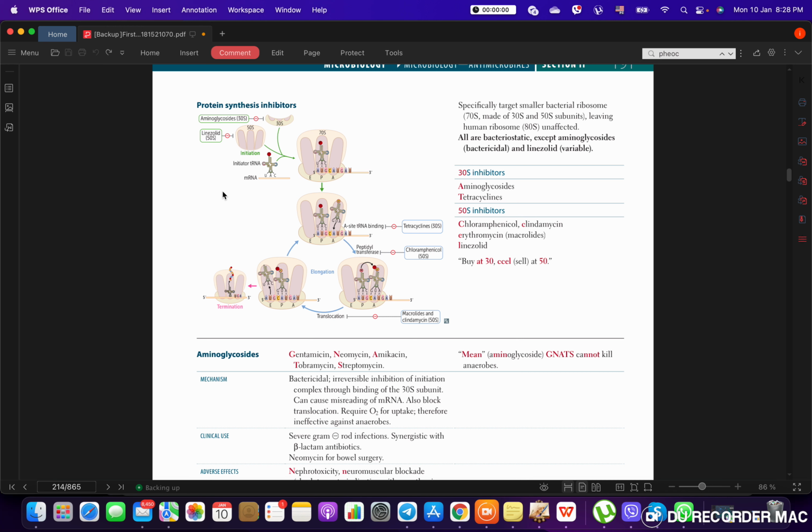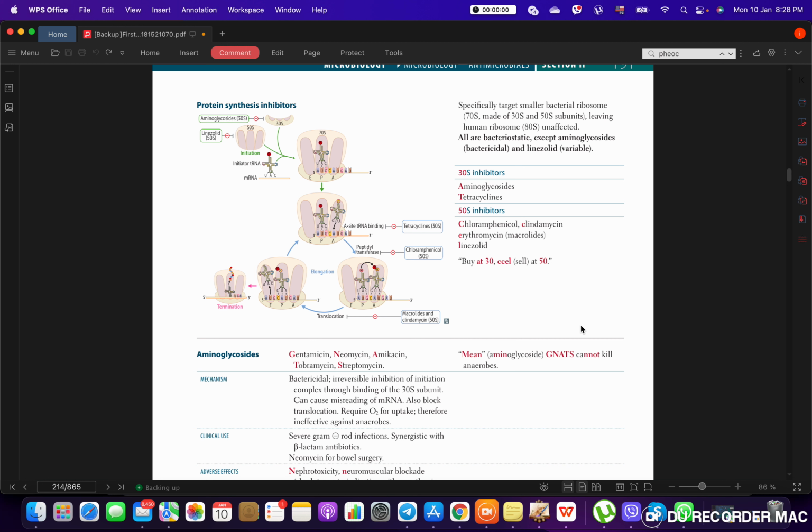So protein synthesis inhibitors. Remember guys, I want to check your knowledge for a second. Can somebody tell me what we call the process of converting DNA to DNA? Replication. What do we call the process of converting DNA to RNA? Okay, transcription.